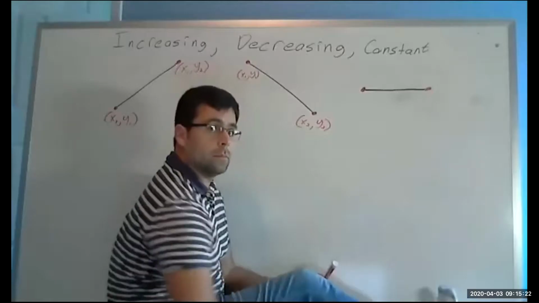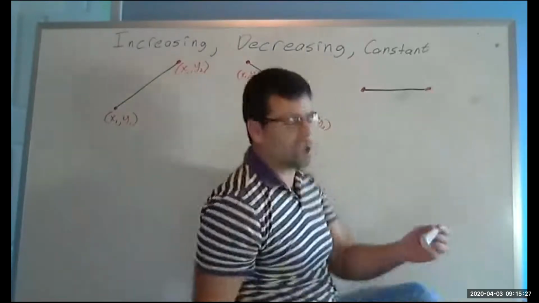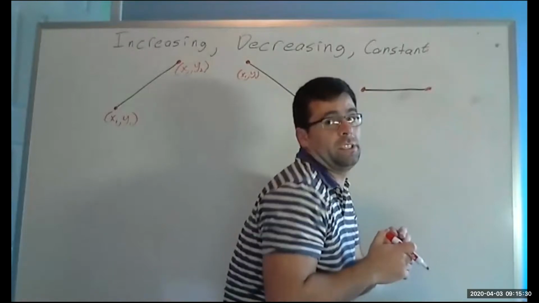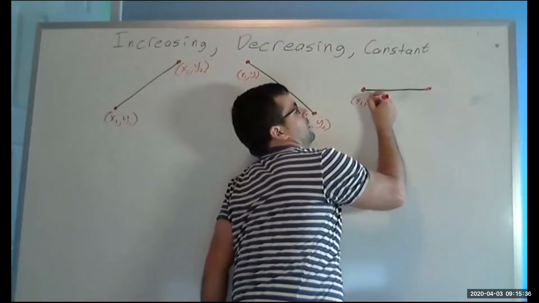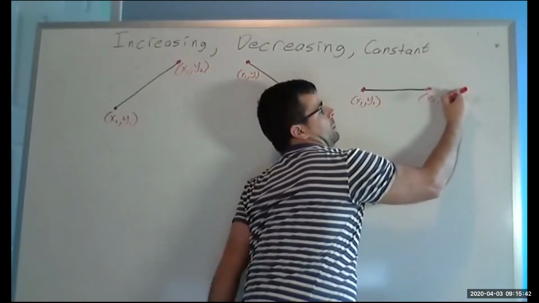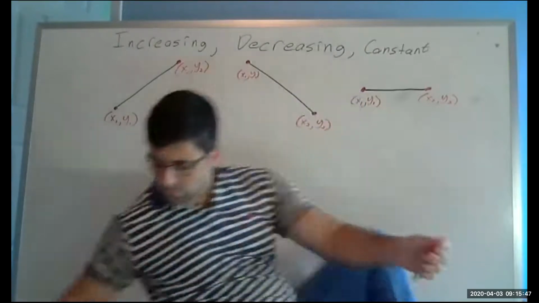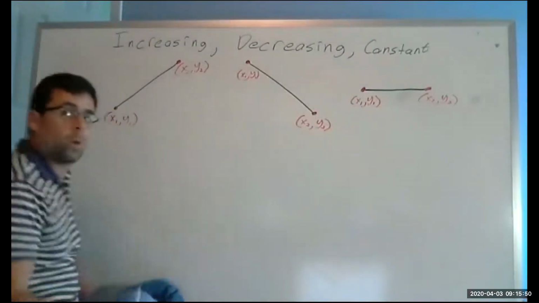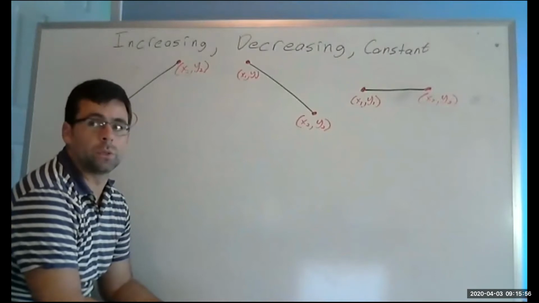Looking at it, I'm assuming that it's going up. It's going up, yeah. But what does that mean about the equation for that line? What's the equation for a line? What's the equation for any line in general?